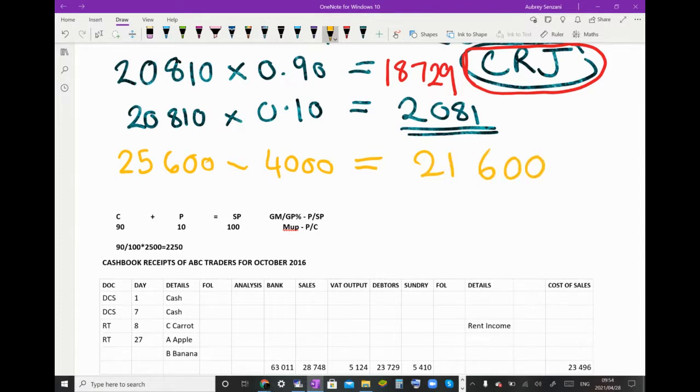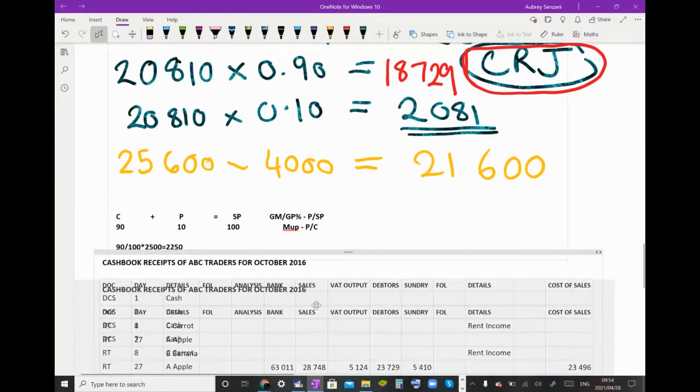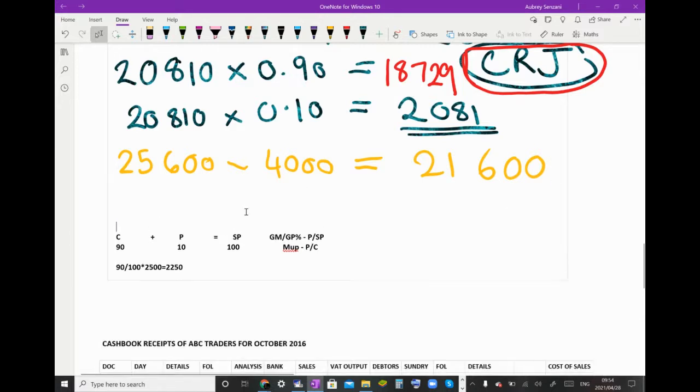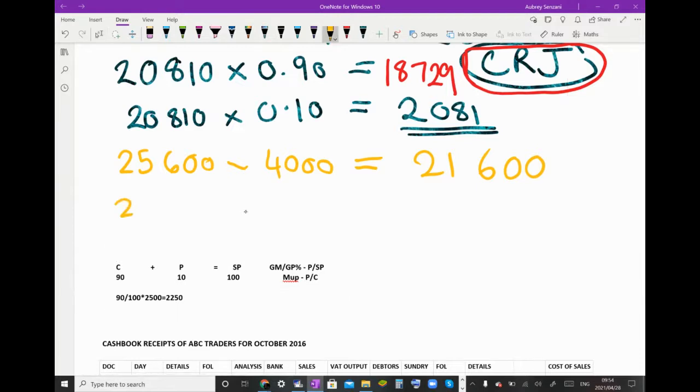Then again, they told us that there was a 5% discount. So it's the same procedure. We're then saying, okay, so how much did we actually pay these guys? So we're saying 21,600 is what was owed. There was a 5% discount.